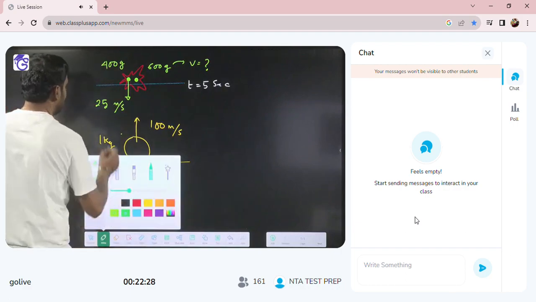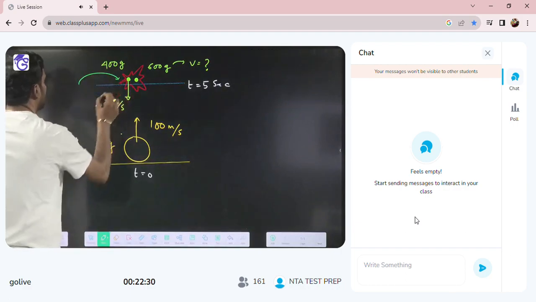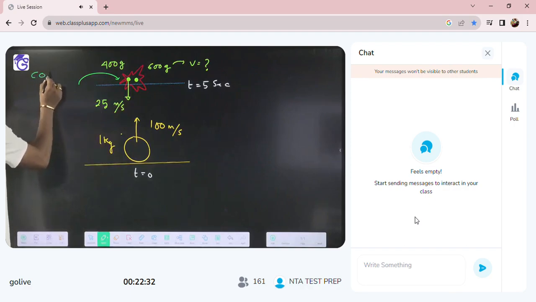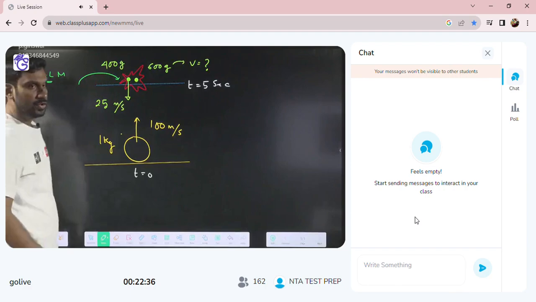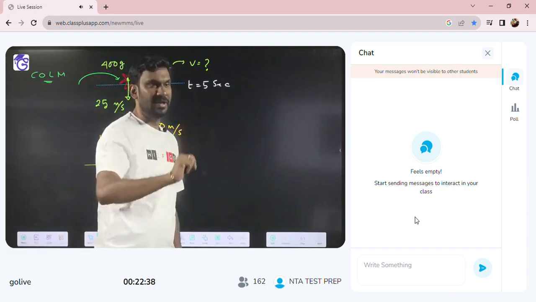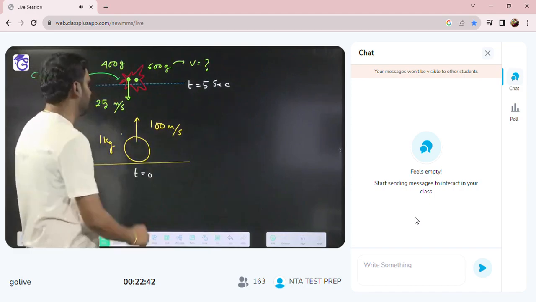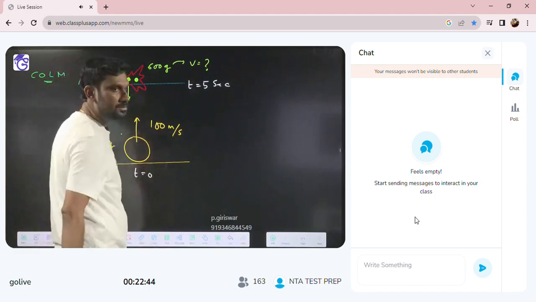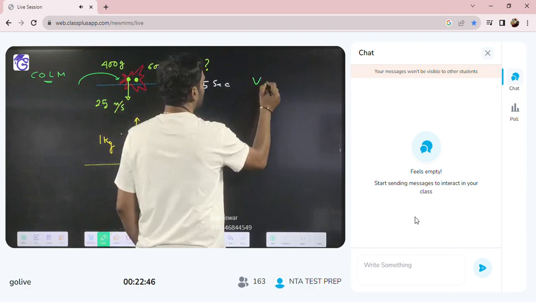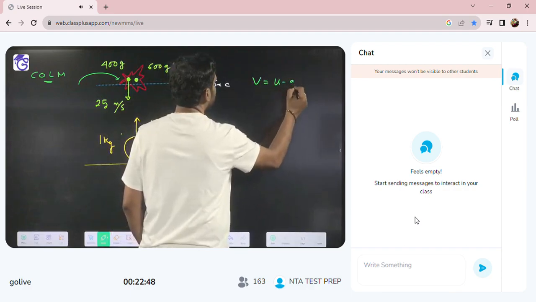I'm saying that here I will do conservation of linear momentum. Tejasvi, correct answer. If I have to do conservation of linear momentum here, first I have to get the velocity here. So v equals u minus gt.